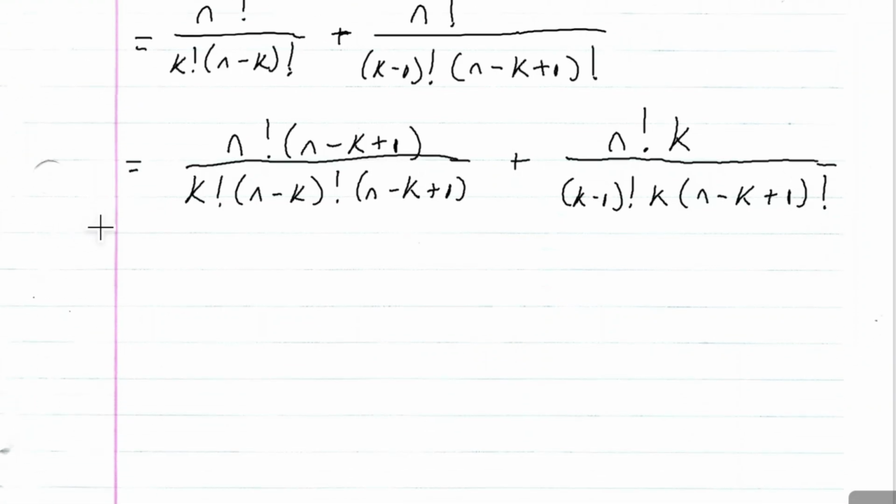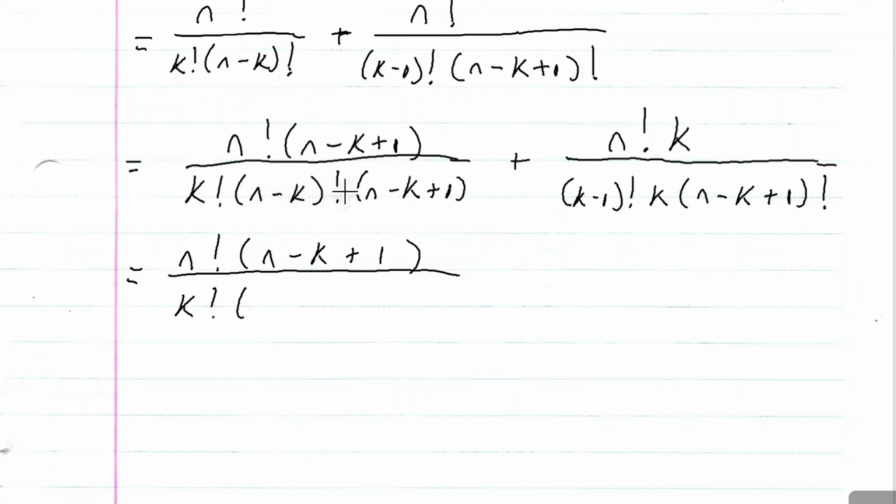k minus 1 factorial times k times n minus k plus 1 factorial. And this will give me n factorial times n minus k plus 1 over k factorial times n minus k plus 1 factorial, because I have n minus k factorial times n minus k plus 1, which gives me n minus k plus 1 factorial.